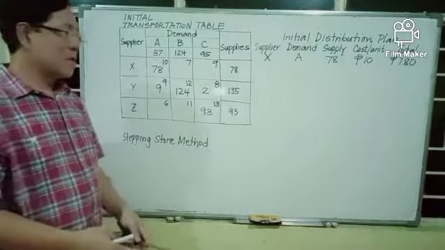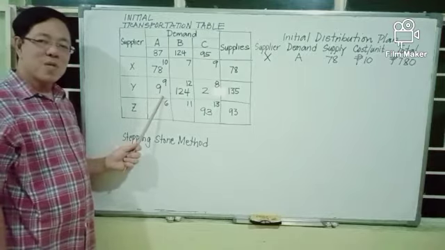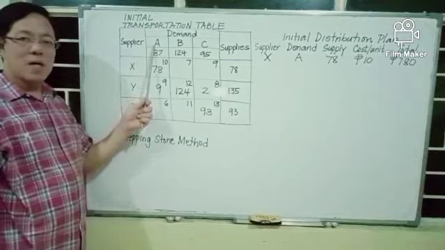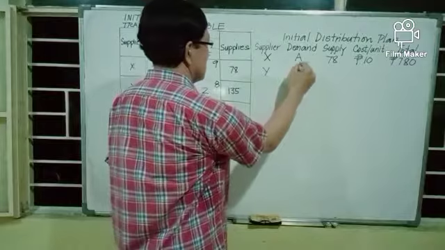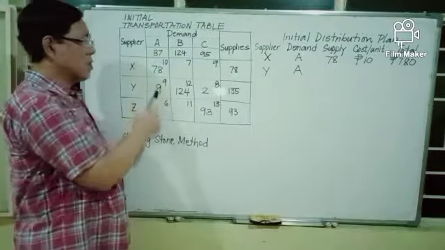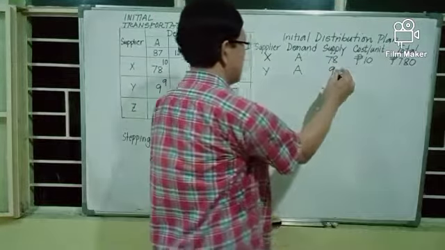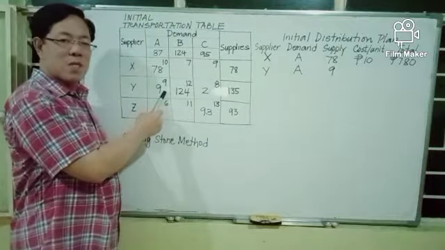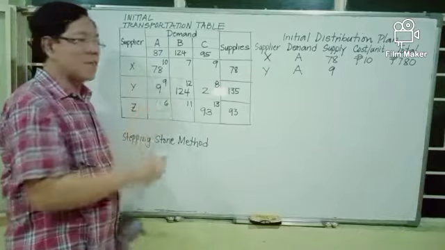Next, we consider this occupied cell. 9 means we supply 9 units from supplier Y to customer A. And the cost per unit of transporting from supplier Y to customer A is 9 pesos.